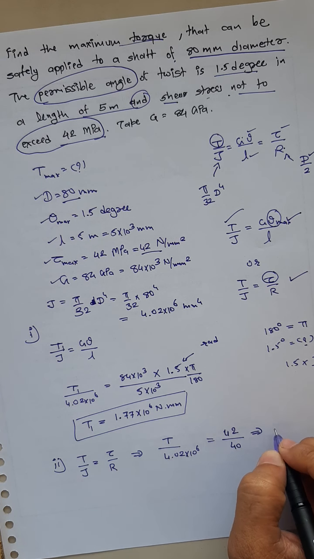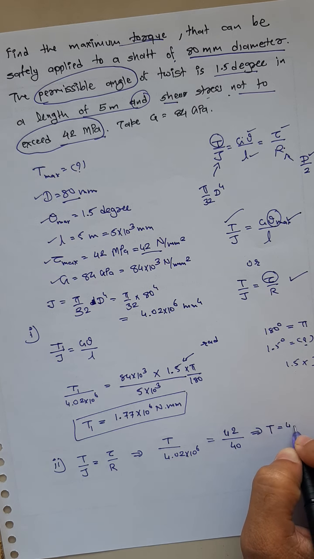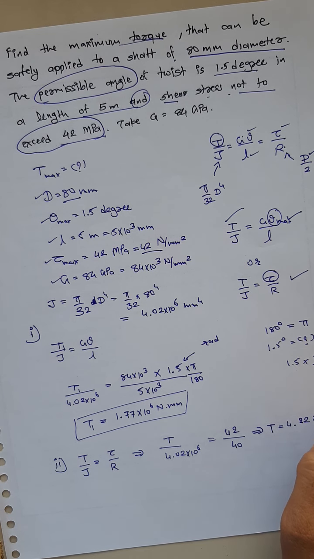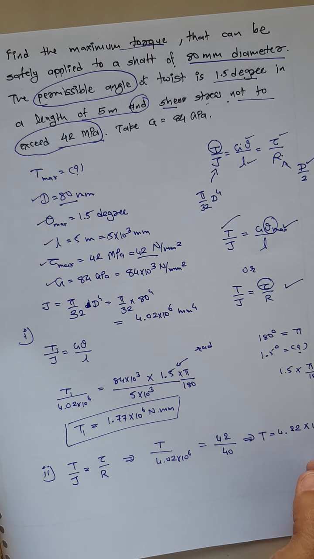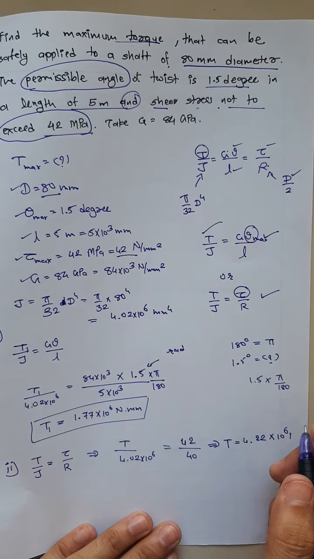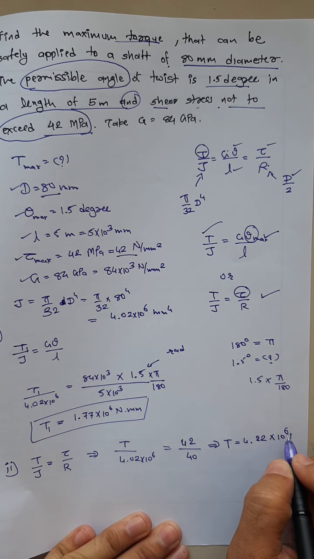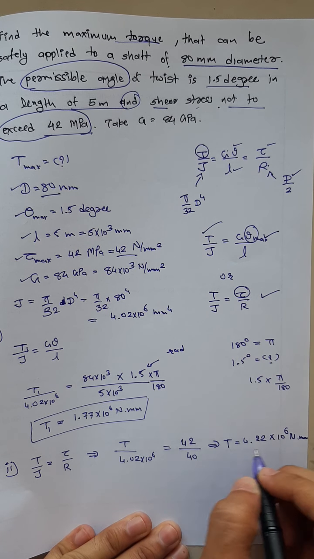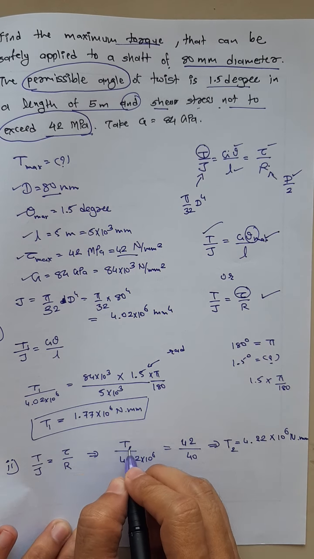So by this way, our torque will be 4.22 into 10 raised to 6. Is it visible to you? 4.22 into 10 raised to 6 Newton into mm. Let me call it T2.